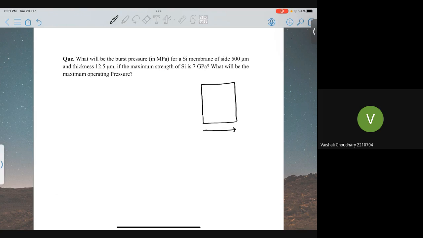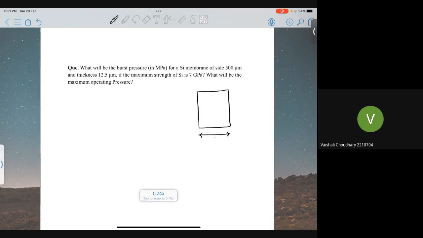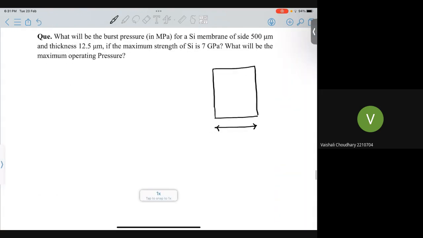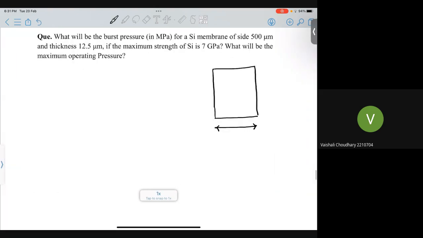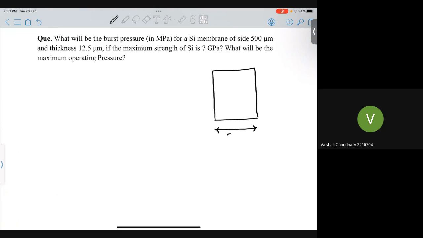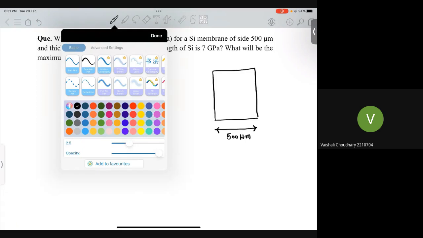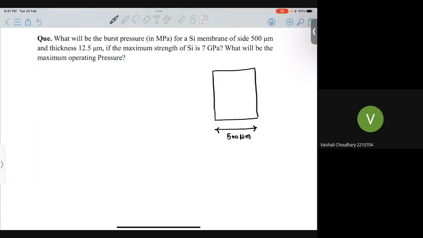So here the catch is the side is 500 micrometer.